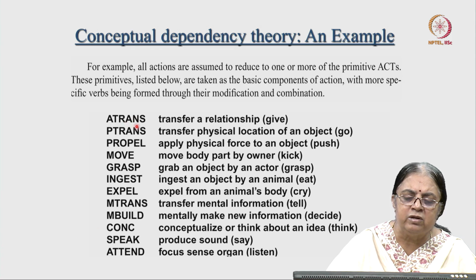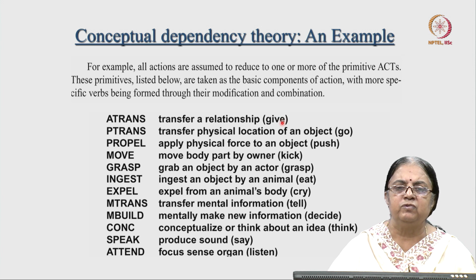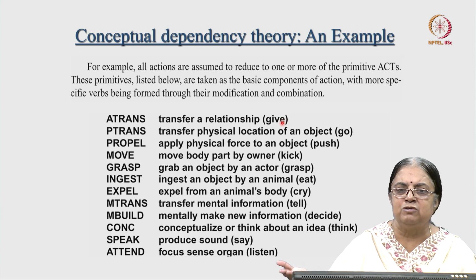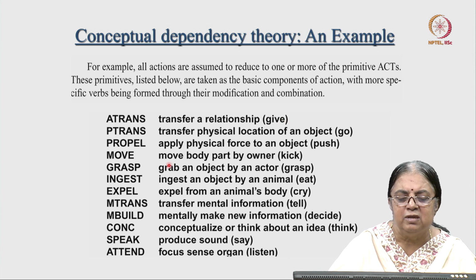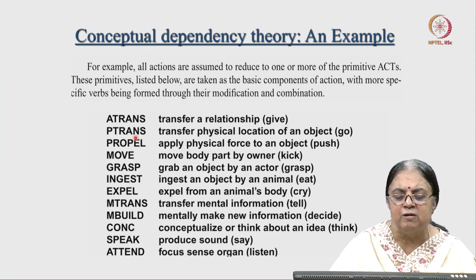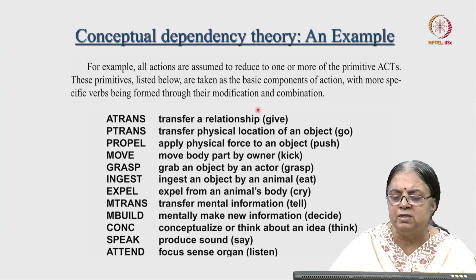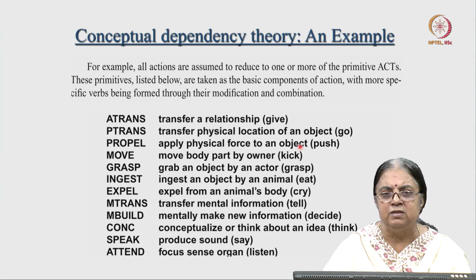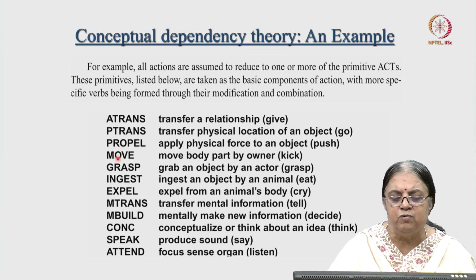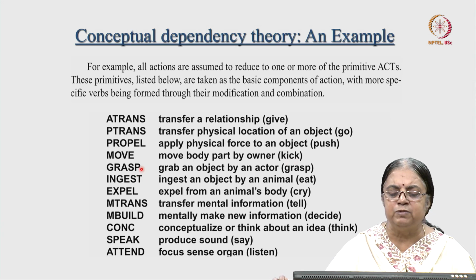So, they are A trans, that is transfer a relationship, that is give. So, you A trans a book to somebody. Then you have P trans, that means physical transfer of an object from one point to another. It could be things like go from here to there. Propel means apply physical force to an object, like push. Move, move body part by the owner like kick, etc. Grasp, grab an object.